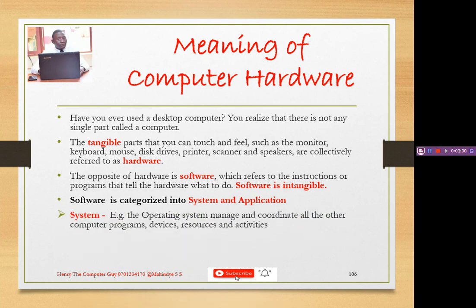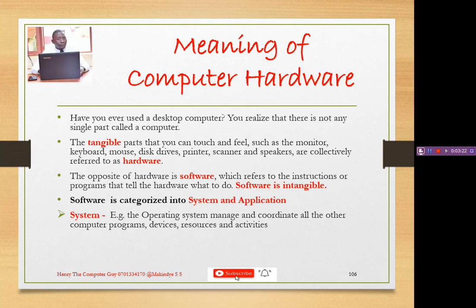What do they actually mean? System software, e.g., the operating system, OS, manages and coordinates all the other computer programs, the devices we connect there, the resources and activities. Everything that you do onto the computer is controlled by what we call the system software.